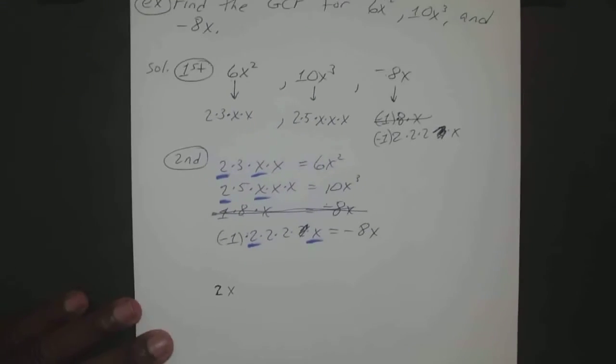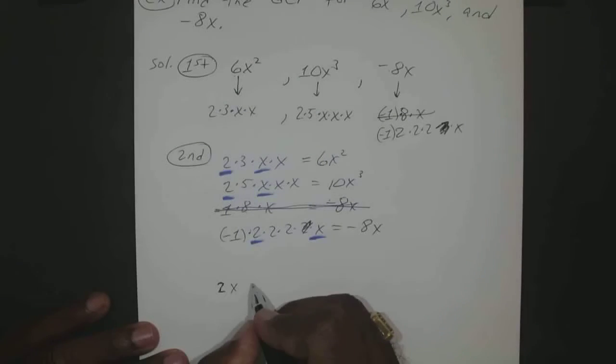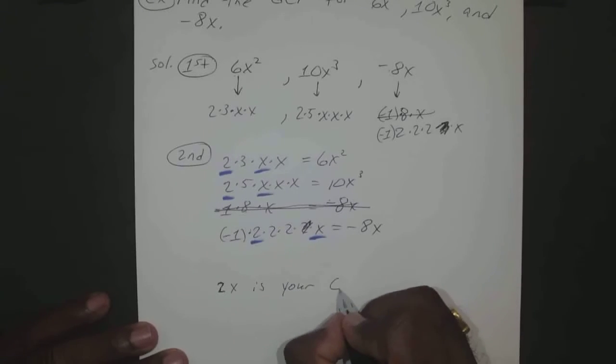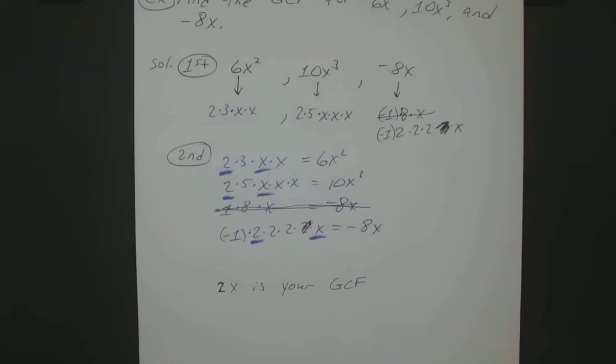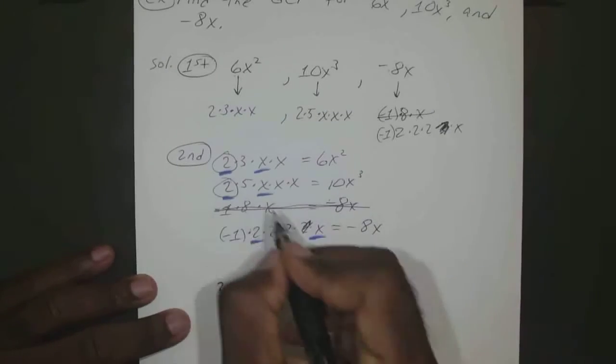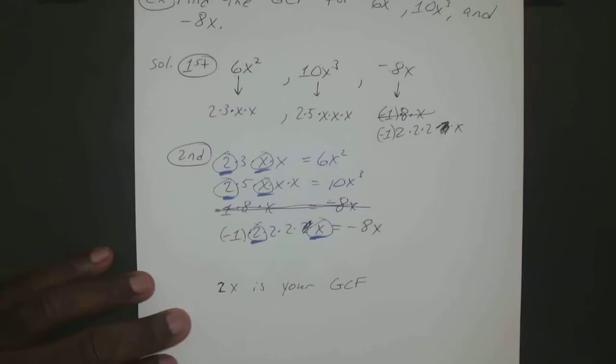Okay, so that means your greatest common factor is just 2x, because that's really all they have in common. Okay, so if you want, you can underline them, you can circle them. It's completely up to you. But at some point, you just want to identify which ones they have in common.